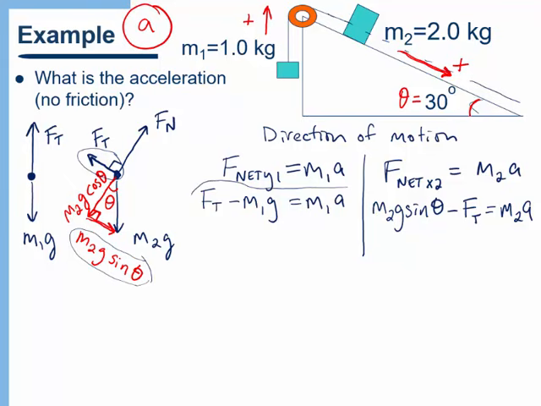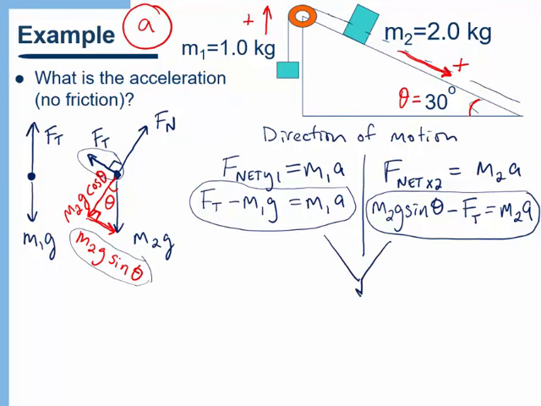Once we have these two equations, you'll notice that we have that situation of two equations and two unknowns. We don't know what the tension is. We don't know what the acceleration is. In this case, we're just asked to find the acceleration. And therefore, what we want to do is take those equations, and as we've learned in previous videos, the best thing to do here is to add the equations.